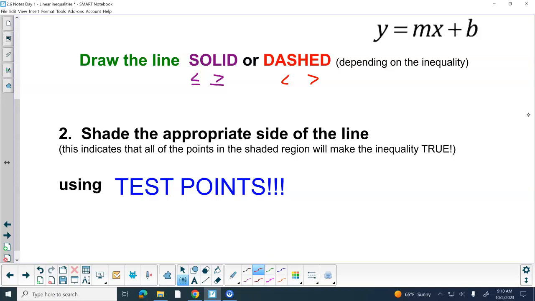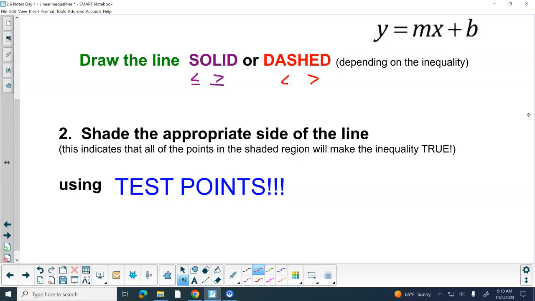Because we're dealing with an inequality now, we've got a whole region, a whole side of our graph that's going to make all of them true. Okay? And the way that we do it is with test points. So we pick a point that's not on our line. Kicker there, it's not on the line. And then it's true or false, and that's going to depend on where it is.